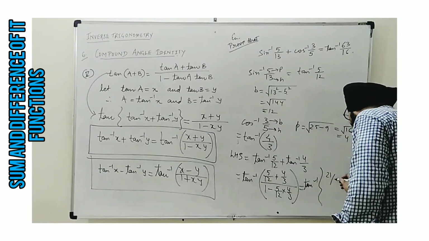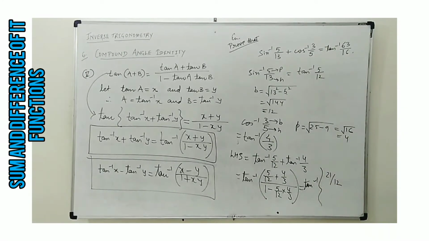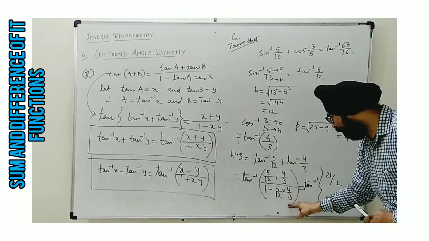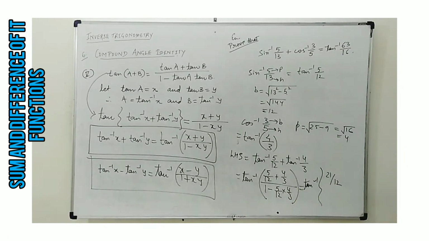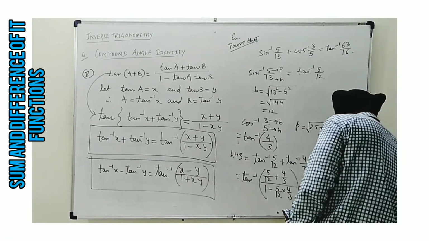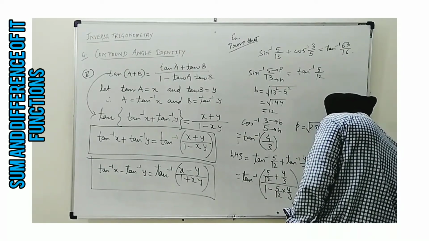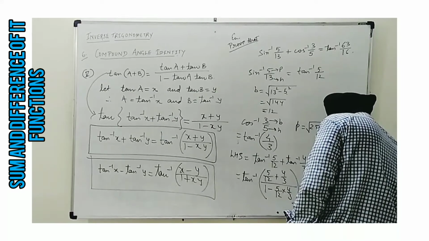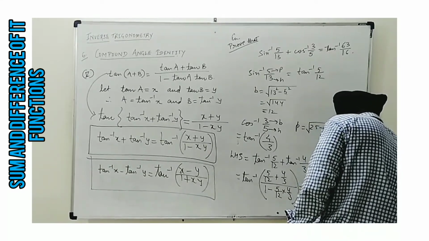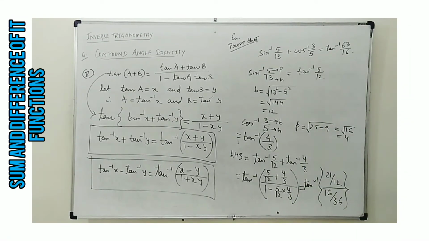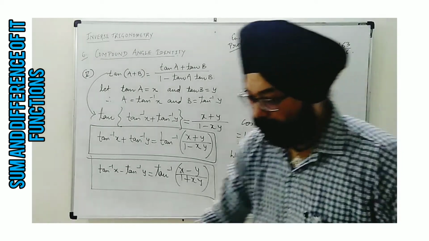21 by 12 as numerator, and here 12, here 36 minus 4 fives are 20, 36 minus 20 is 16 upon 36. Now we can simplify this further, and we will have this in the final form.